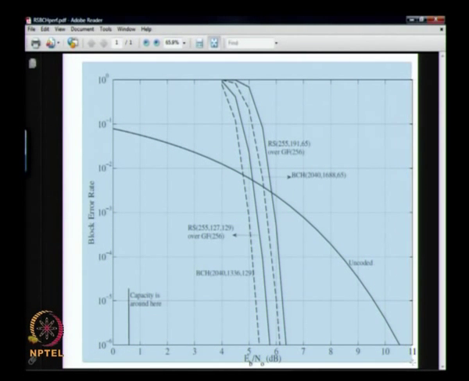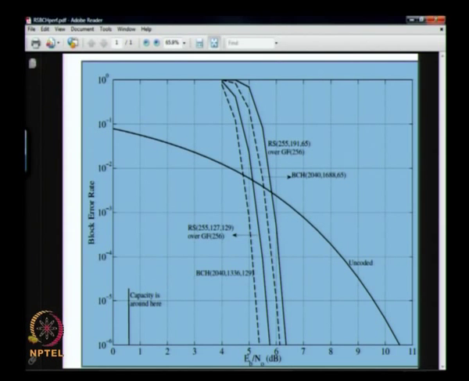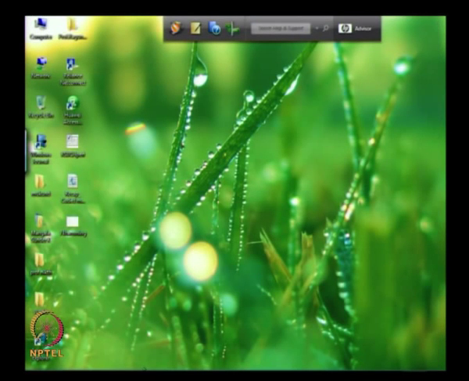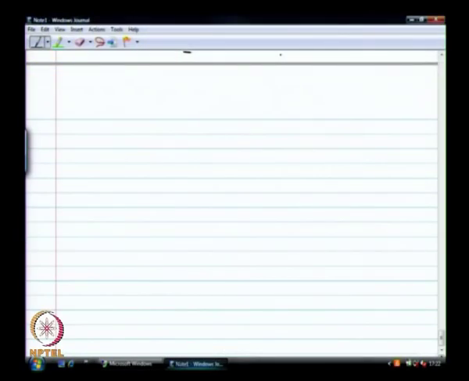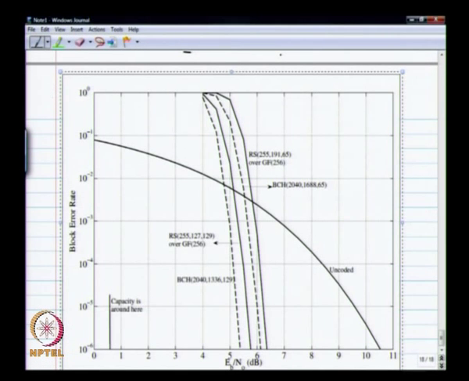This is what I do, and then I can copy it onto that. Okay, so that is not bad.